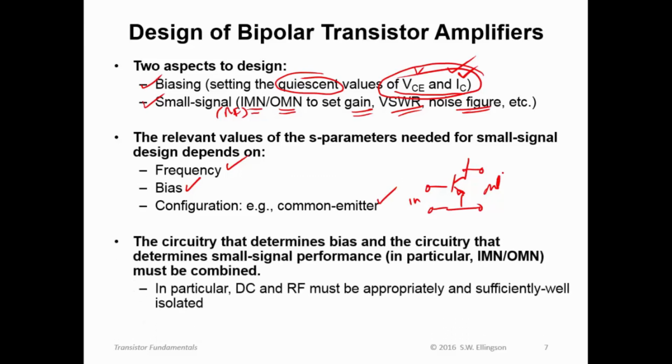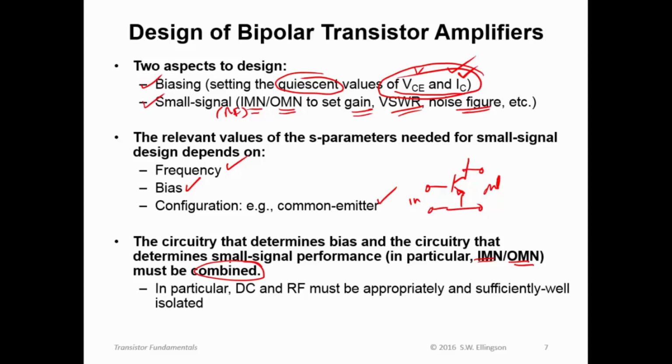Also, the circuitry that determines bias and the circuitry that determines small signal performance must be combined. This is something that we're going to find is one of the challenges in RF amplifier design: how do you design circuitry that sets the bias where you want it, but also allows you to set the input and output impedances? So these two things, the things that set the bias and the things that set the input and output impedance, can coexist.